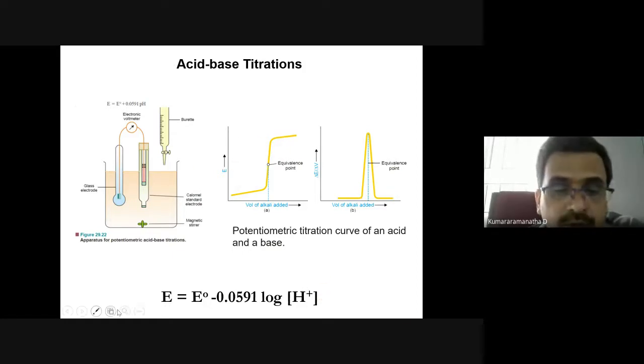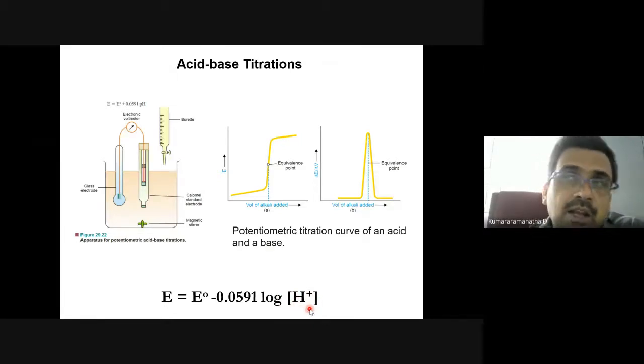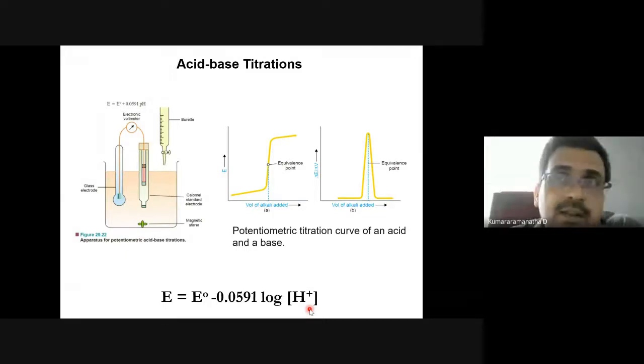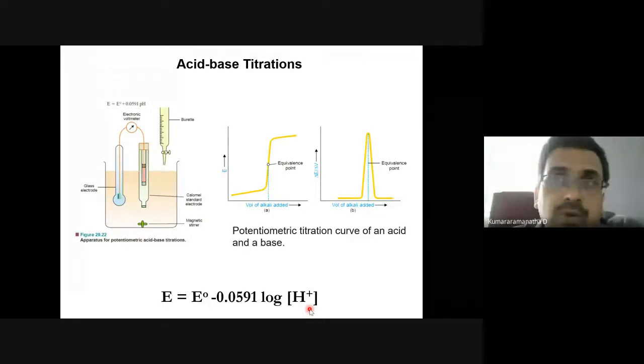How do you know the cell potential? It depends on the logarithm of the hydrogen ion concentration. One point: if you use ln, it is the natural logarithm; if you use log to base 10, multiply by 2.303.